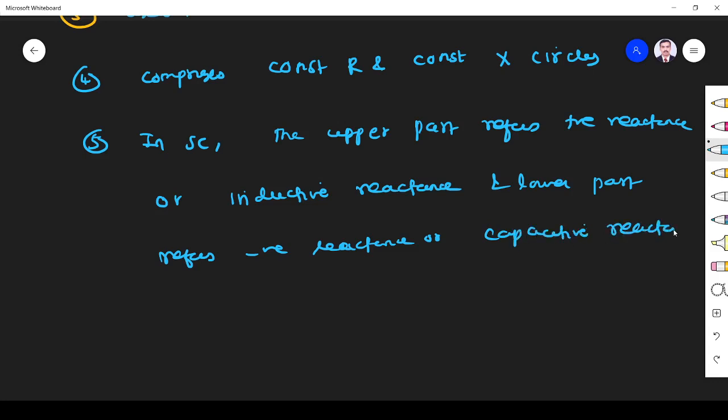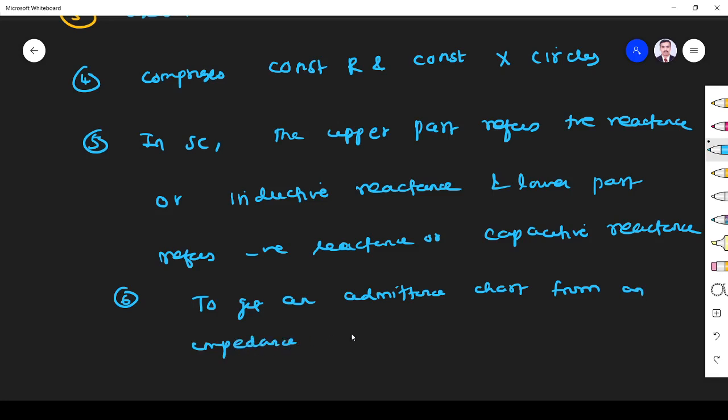This is another important thing we must know. And one more point about Smith chart: to get an admittance from impedance, we can find it in the Smith chart. To get admittance chart from impedance chart, what we should do is rotate the Smith chart by 180 degrees, right? So this is the thing we must know.